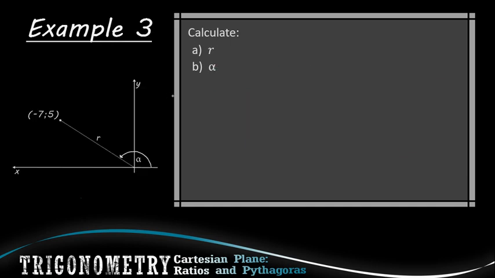Now for example 3. This one is slightly harder because we are now working in the second quadrant. Remember that the angle is always measured from the first quadrant, from 0 degrees going around anti-clockwise. Here we construct our line, and we know that this is our x value and our y value.